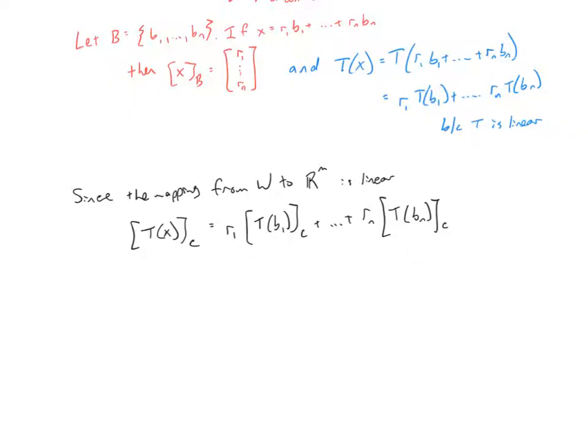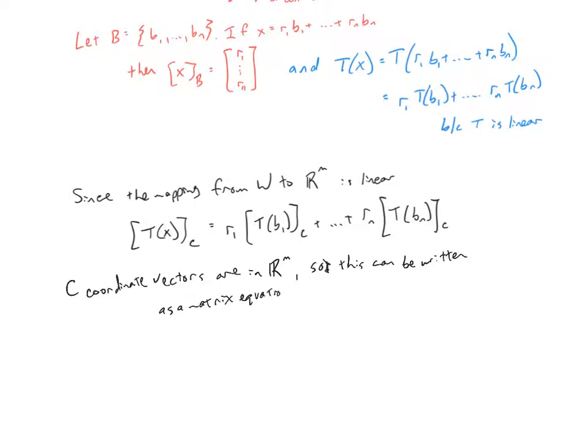So then our next step is to say that our c coordinate vectors are in R^m. This can be written as a matrix equation. Again, the notation gets a little bit uglier for a minute.